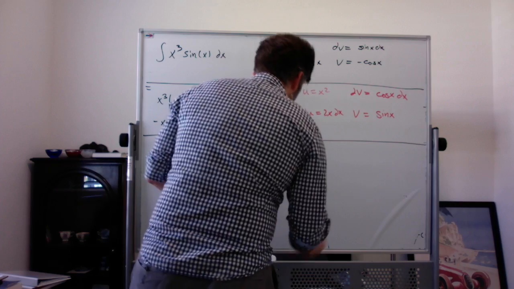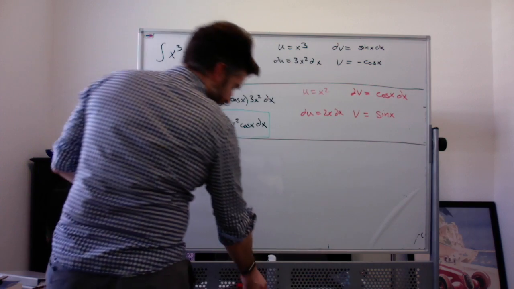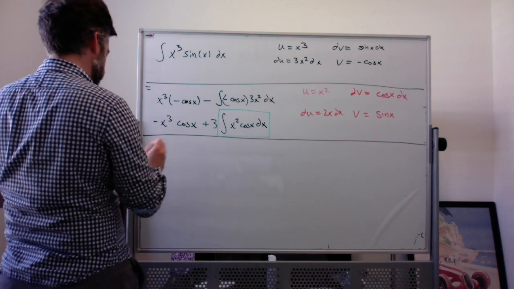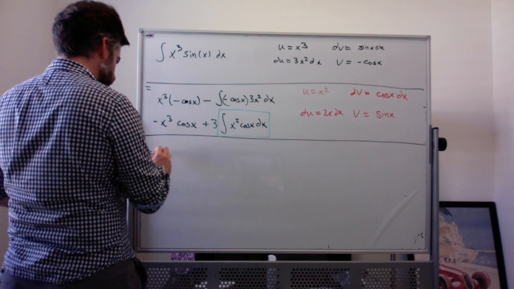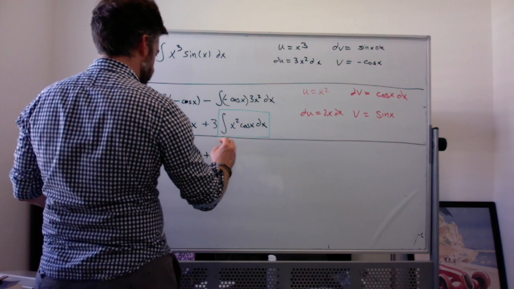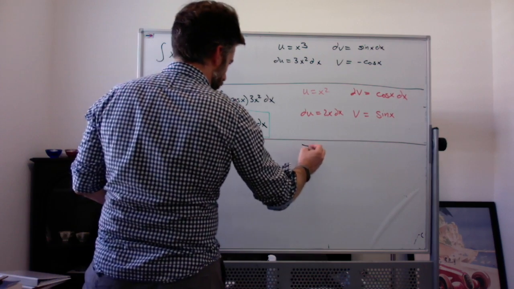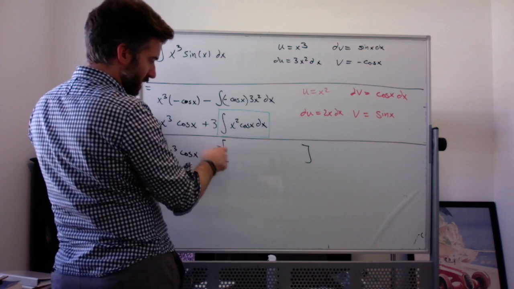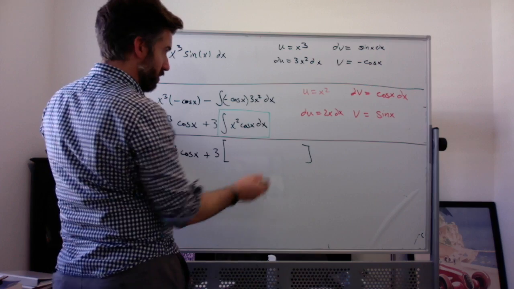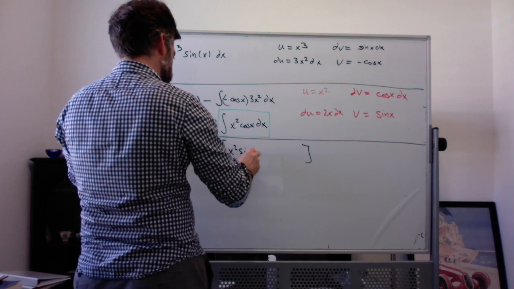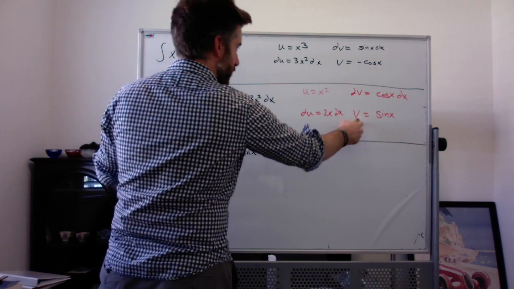So then the uv minus the integral of v du is going to go in for the integral here. This is going to end up equaling, we still have this part here, plus 3 times all of the uv minus the integral of v du. uv is x squared times sine of x minus the integral of v du.